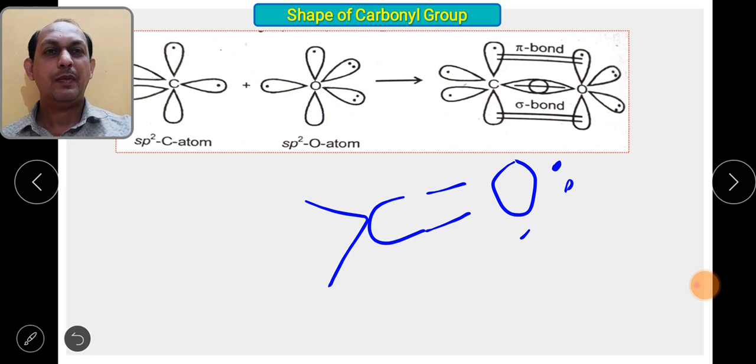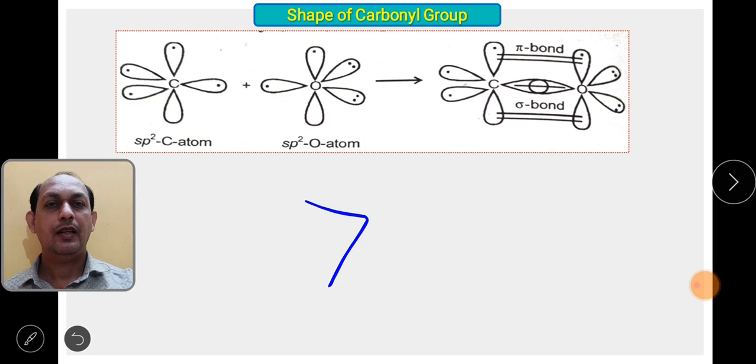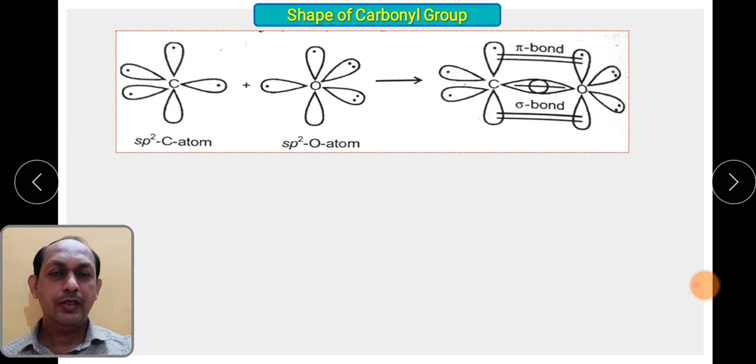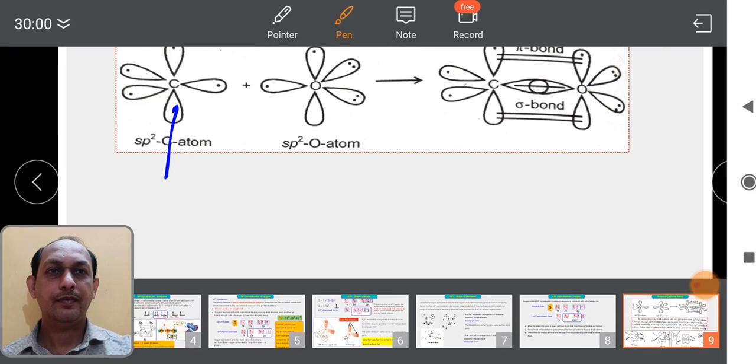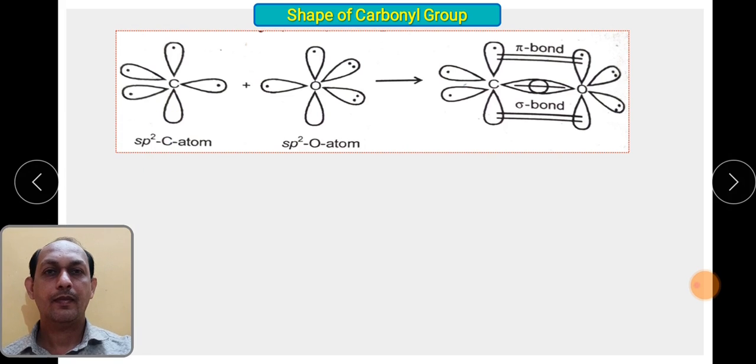The sp2 hybridized orbital of carbon will overlap with the sp2 hybridized orbital of oxygen. So see, this is a carbon which is also having sp2 hybridization, and this particular oxygen is also having sp2 hybridization.